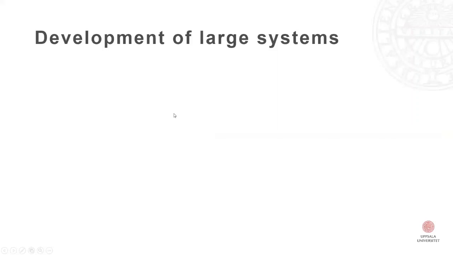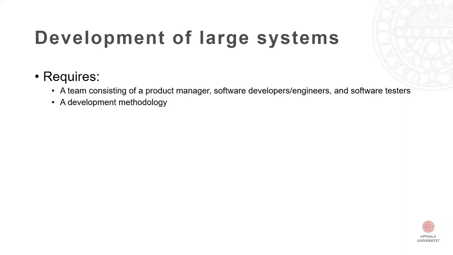Now let's talk about the development of large systems. When you want to develop a large system that requires programming, then you need a team that consists of several roles and several people.